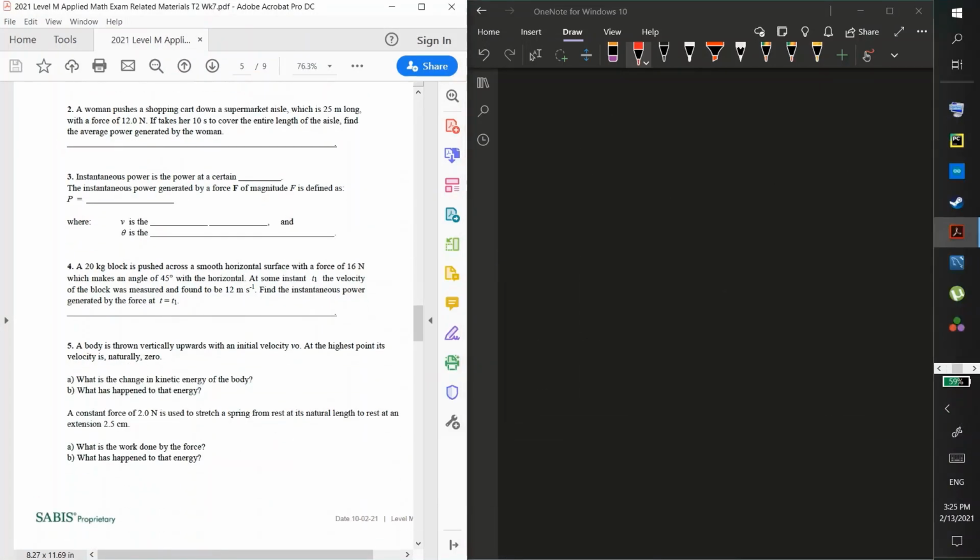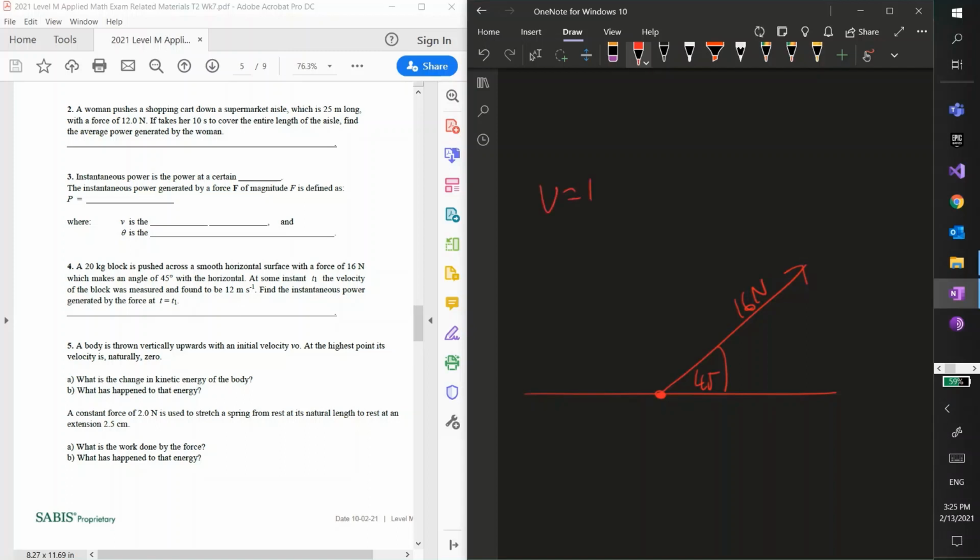Okay, so question four. A block is being pushed along a horizontal surface. Let's say the block is a dot, with a force of 16 newtons, making an angle of 45 degrees with the horizontal. At some instant t1, the velocity is 12 meters per second. Find the instantaneous power.